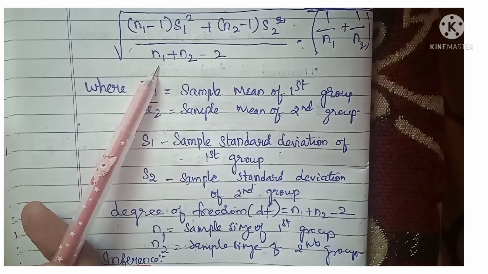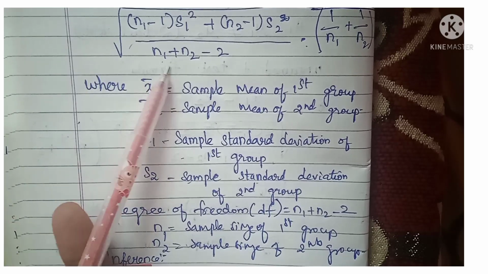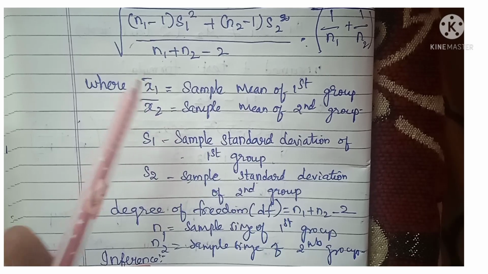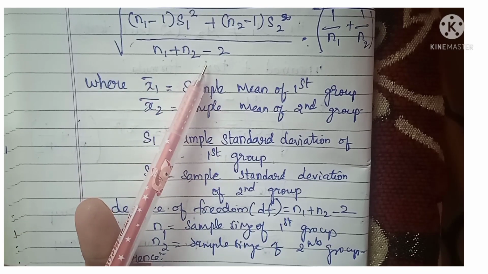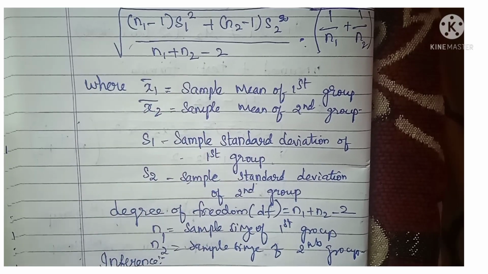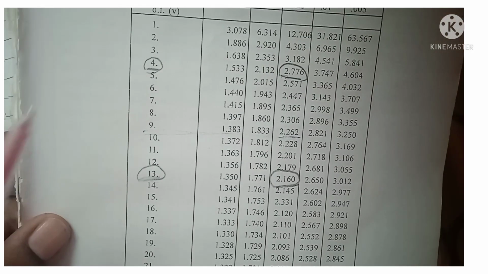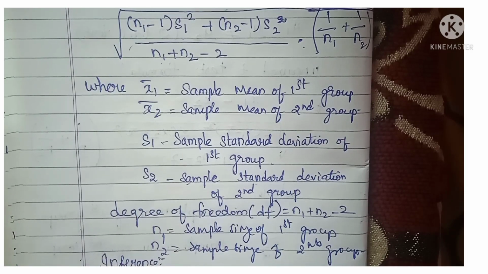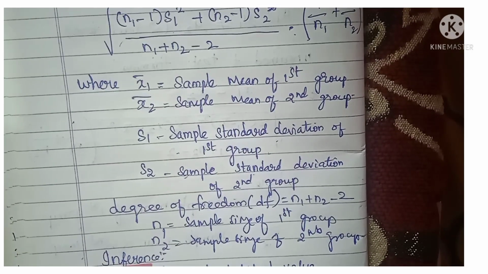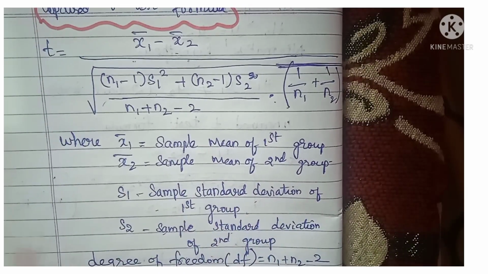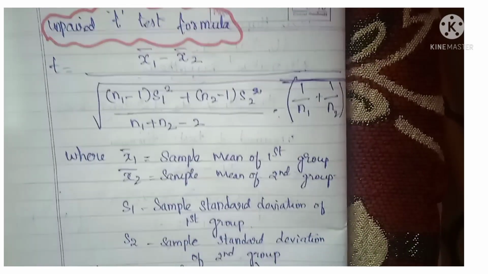For example, n1 is 6 samples, n2 is 7 samples. 6 plus 7 is 13, 13 minus 2 is 11. So your degree of freedom is 11, and you have to see the degree of freedom 11 at 0.05 level of significance. I am not going in depth because here we are not dealing with calculations, but you should know how to find out the degree of freedom.